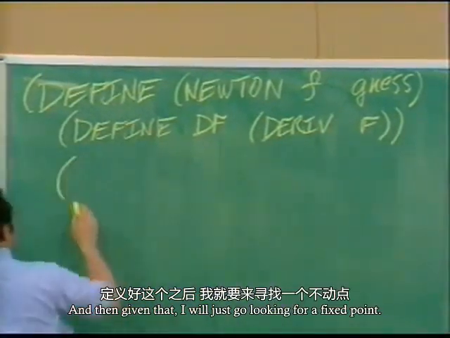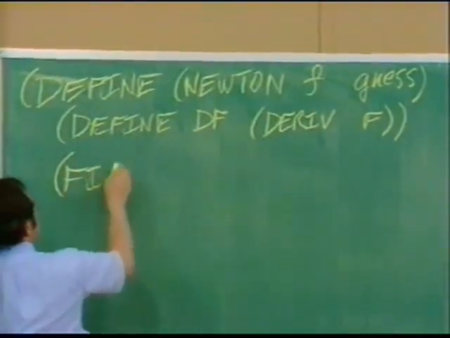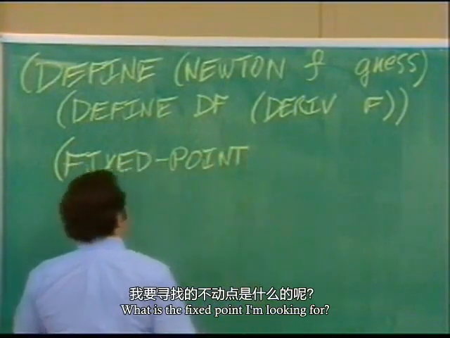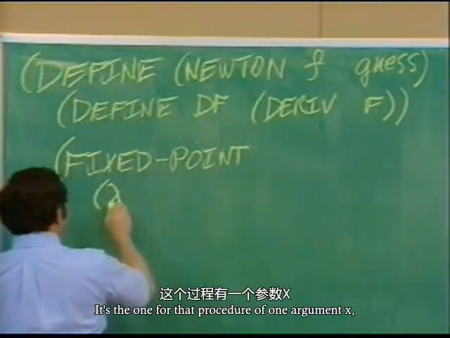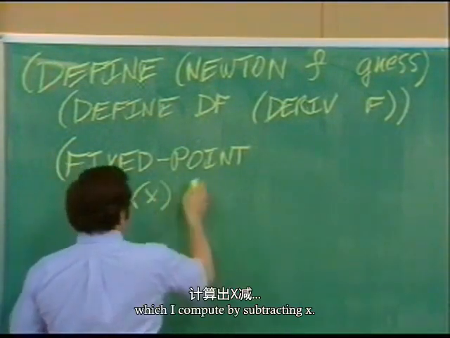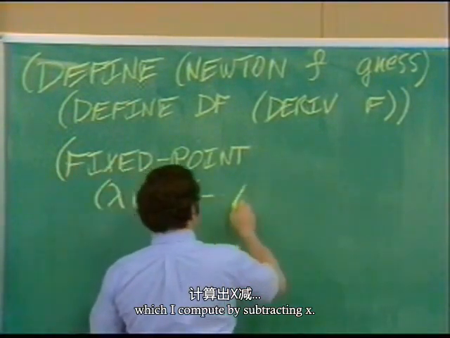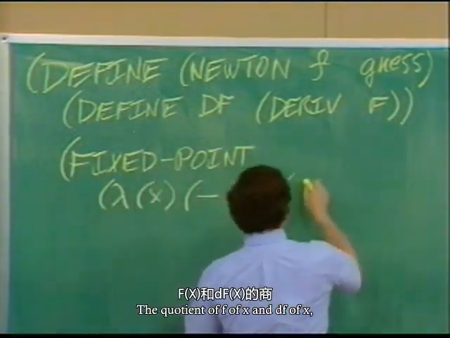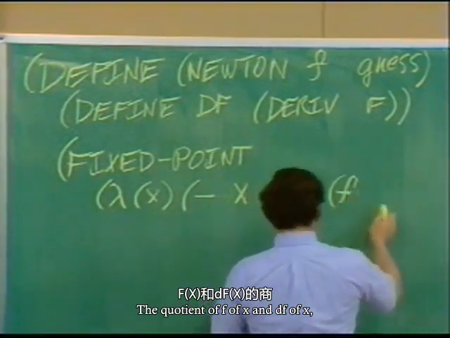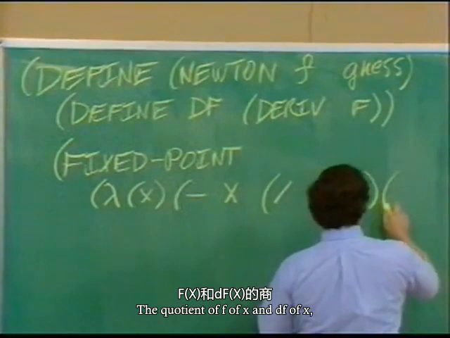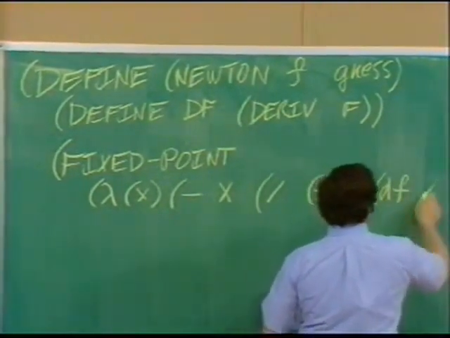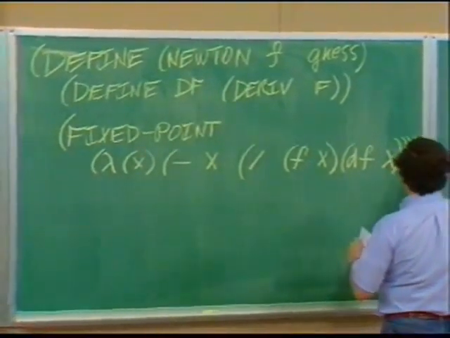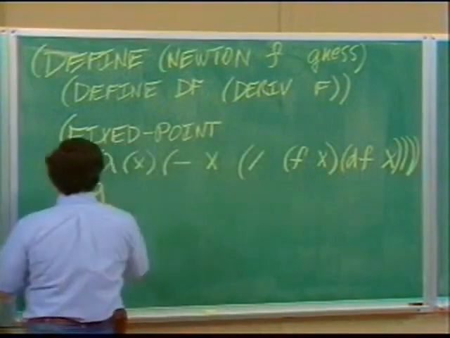And then given that, I will just go for looking for a fixed point. What is the fixed point I'm looking for? It's the one for that procedure of one argument x, which I compute by subtracting from x, that's the yn here, the quotient of f of x and df of x. Starting out with the original guess.